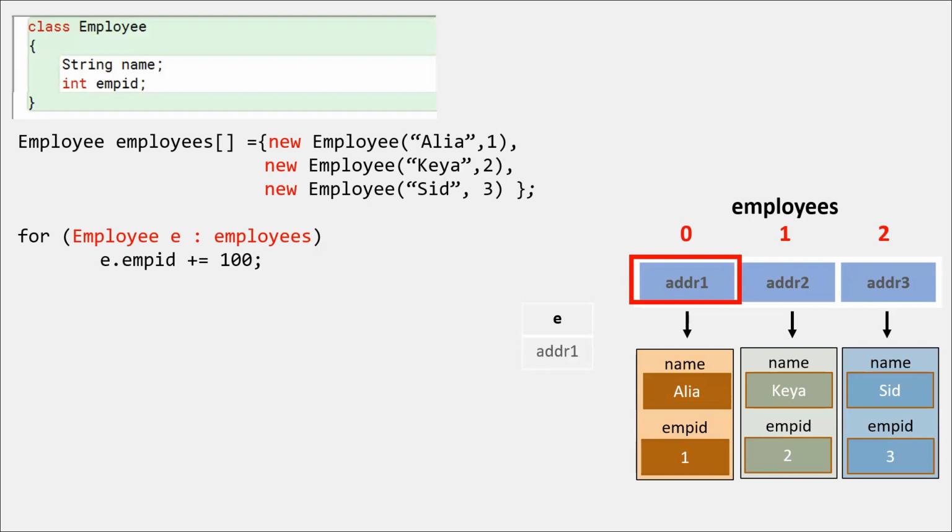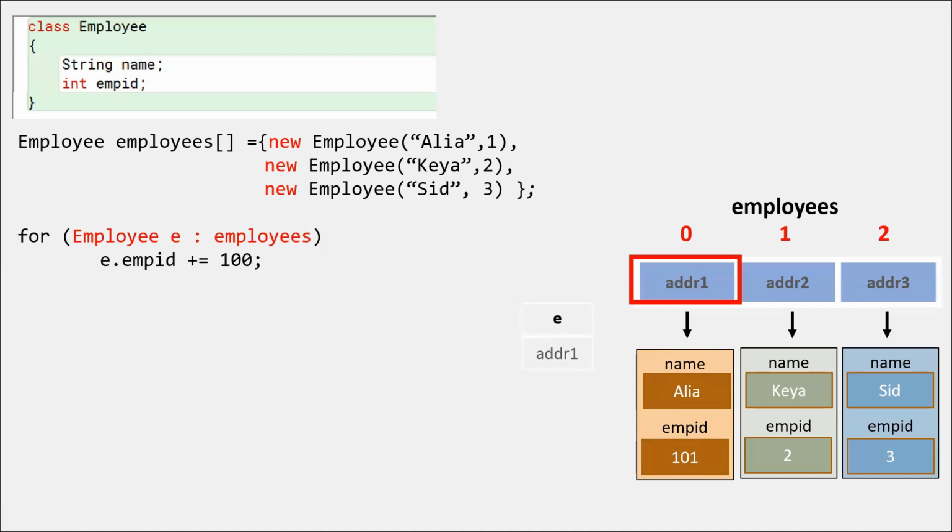So address 1 gets copied over to variable E. Now, when we do e.empId plus equal to 100, where is E's emp id? It goes to address 1, comes over here to the same box, emp id, it was 1, and now that changes to a 101. Okay, so the original array object has got modified using the enhanced for loop.